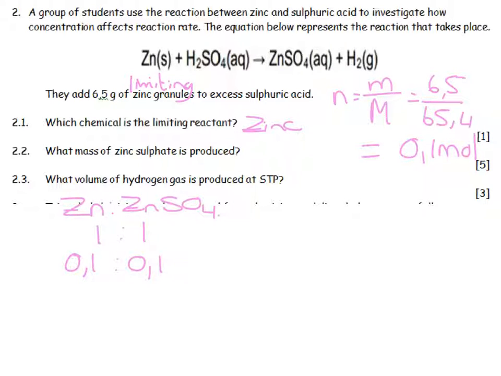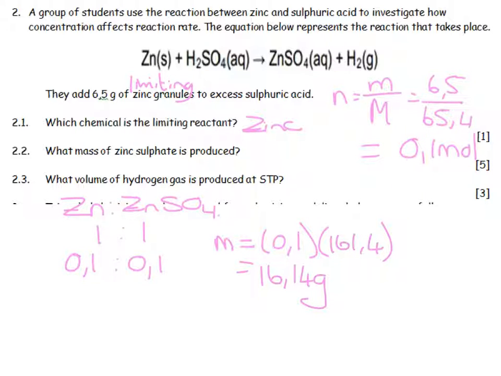I think it was 0,099 something, but please be very, very careful about keeping it in your calculator. And now the mass of zinc sulfate is going to be that number you stored in your calculator multiplied by the molar mass of zinc sulfate, which is 65,4 plus 32 plus 4 times 16, which is 161,4. Without rounding errors, you land up with 16,14 grams.